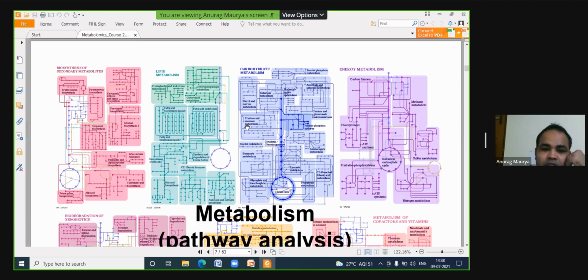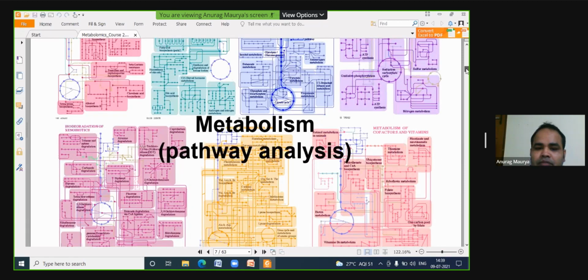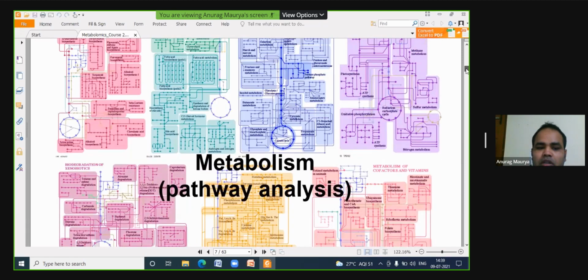And you are seeing that this lipid metabolism is related to this pyruvate pathway. And here also you are seeing that biosynthesis of secondary metabolites is also related to this Krebs cycle somewhere. Similarly, here also energy metabolism is related to it. And in this way, all sets of metabolic pathways are somehow interrelated.